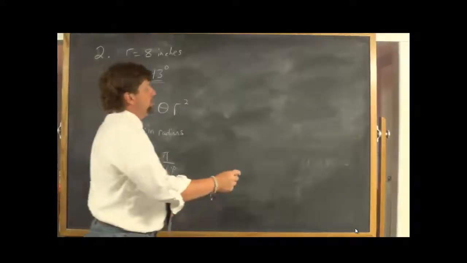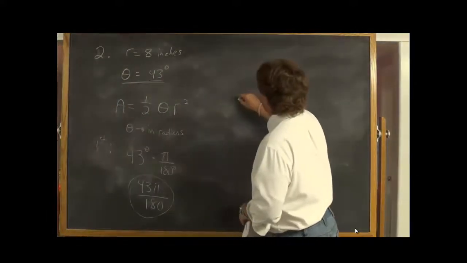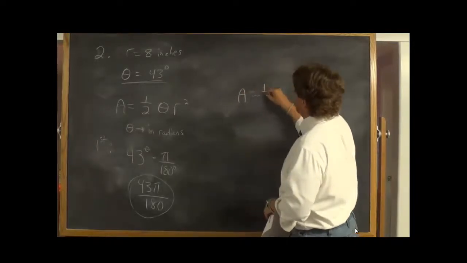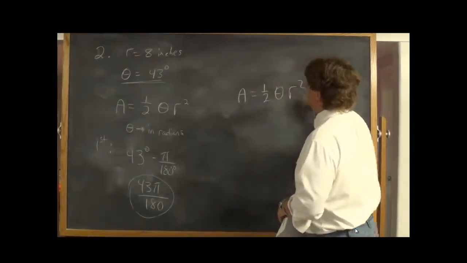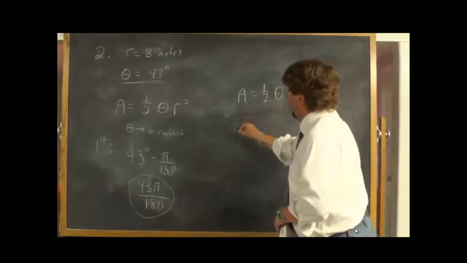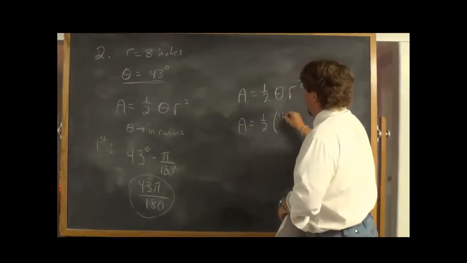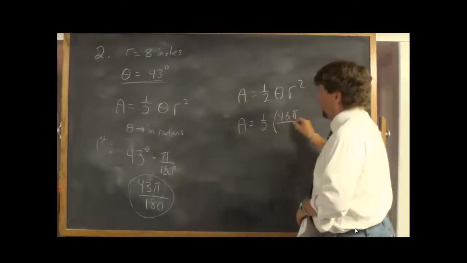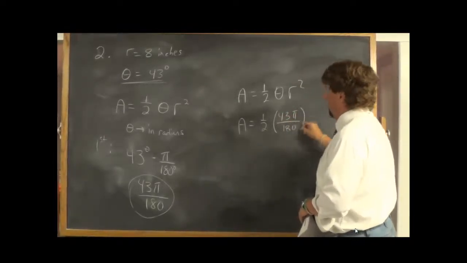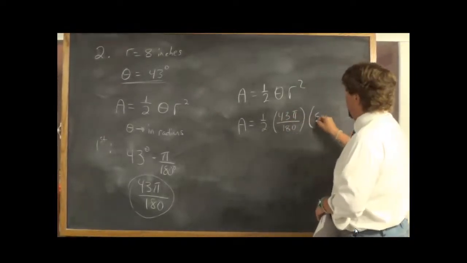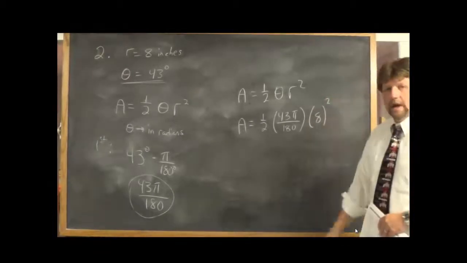So now when we use area equals 1/2 theta r squared, we get the area of the circle to be 1/2 times 43 pi over 180 times the radius, which was 8, squared.